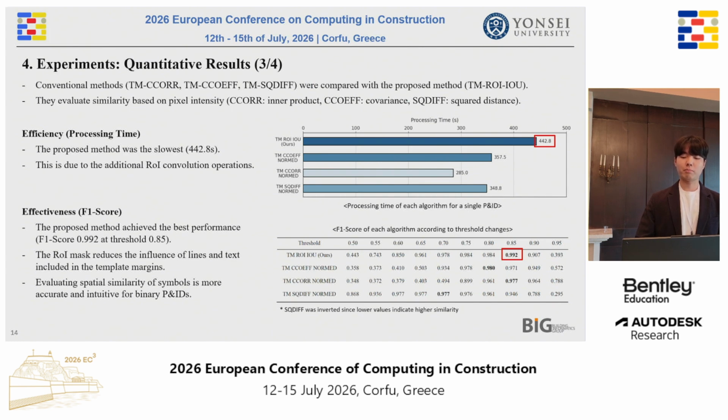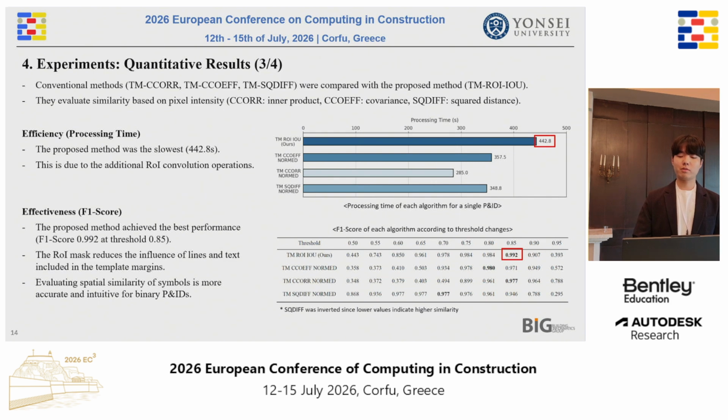And we compare our method against conventional template matching, which is cross-correlation, correlation coefficient, and squared difference, which evaluate similarity by pixel intensity. The first experiment is efficiency, and our method was the slowest. This is due to the additional ROI convolution operation.